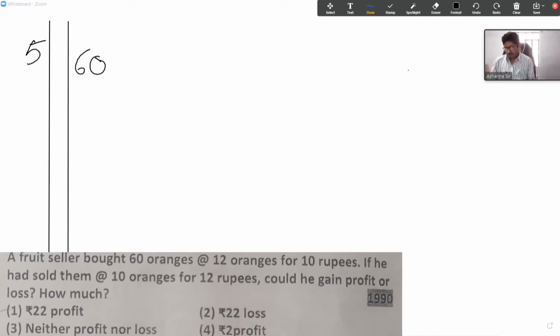60 oranges. He bought 60 oranges at the rate of 12 oranges for 10 rupees. So 60 oranges for how much? We know the unitary method.